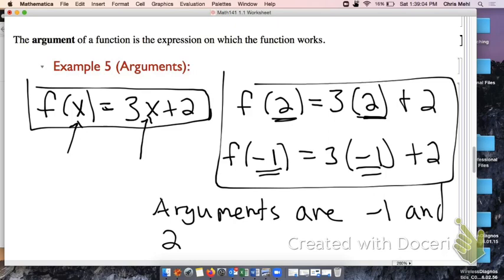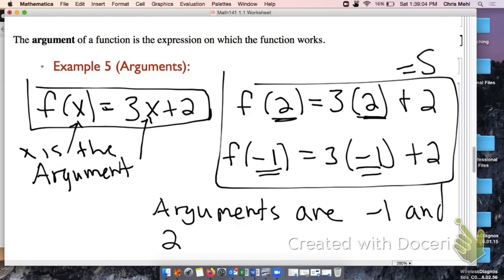That's the expression on which the function is working. On the left side, this is just using x as the argument. And of course, I could have calculated these. The first one ends up being 6 plus 2, which is 8. The next one is minus 3 plus 2, which ends up being minus 1.